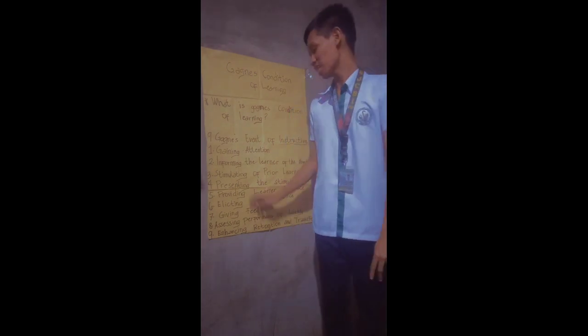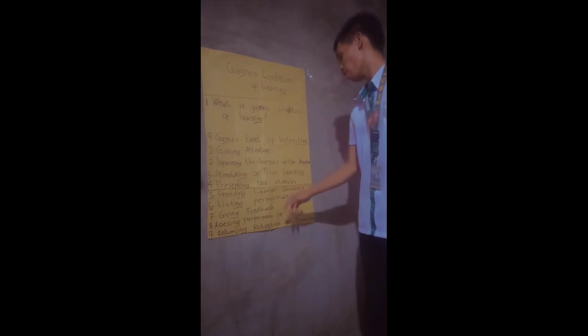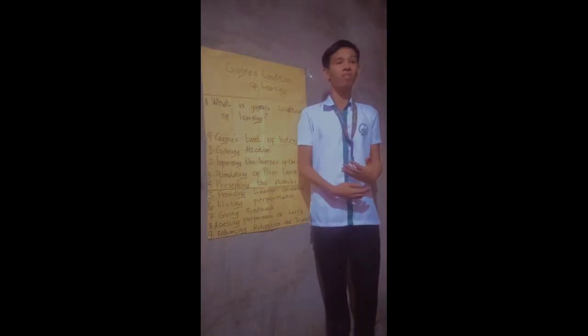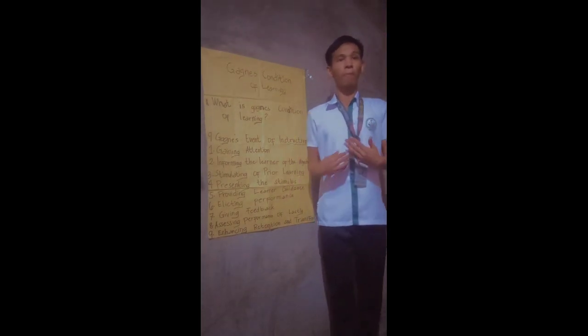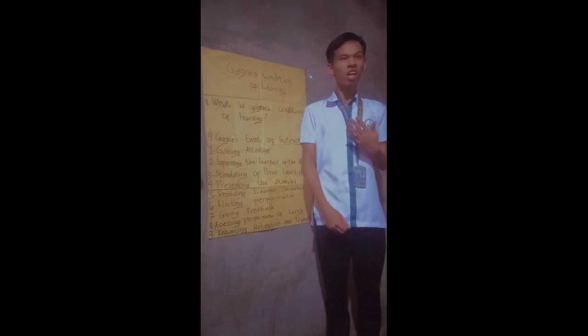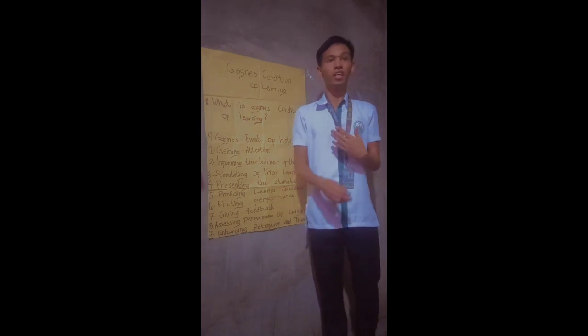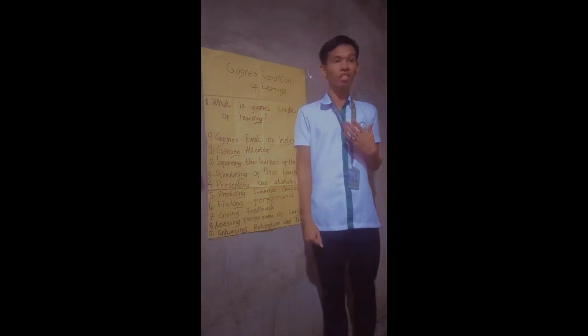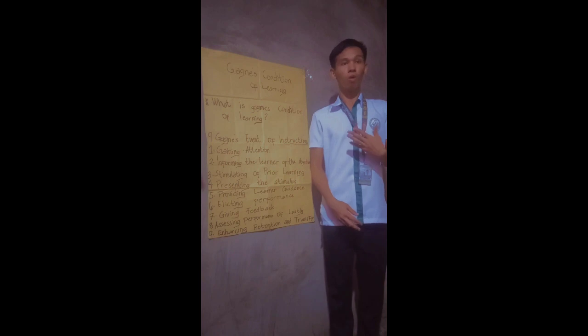So, six is eliciting performance. When you say eliciting performance, it refers to the process of gathering information and feedback from individuals or groups in order to assess performance or obtain valuable insight.